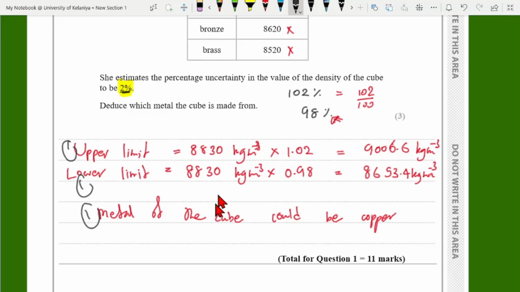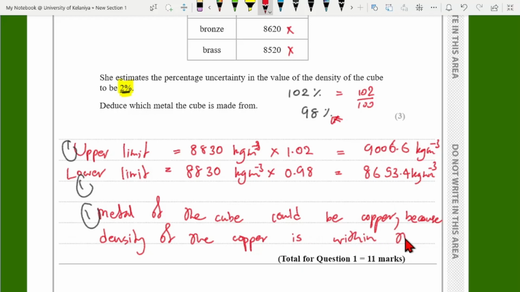Here I will add that it could be copper because the density of the copper is within the range. I'm sorry about my handwriting, I will try to make it better.